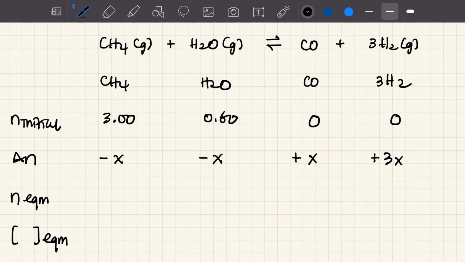Now you're going to find out the mole at equilibrium. You will just bring down and add those two together. So this becomes X, this becomes 3X. So at equilibrium, your number of moles will be 3 minus X for methane, 0.6 minus X for water, X for carbon monoxide, and 3X for hydrogen.